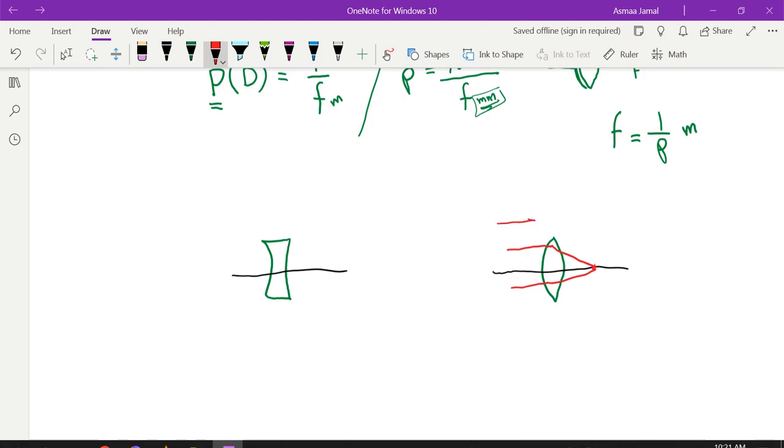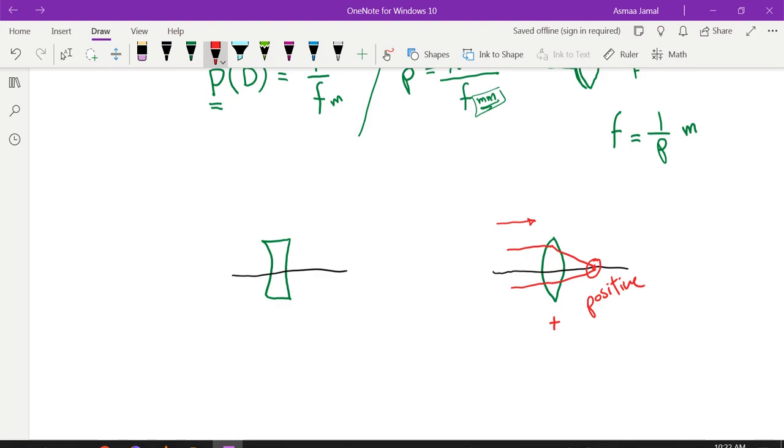Since the light comes from this direction and is collected on the other side here, that means they have a positive focal length, which makes the convex lens positive. Immediately it means they have a positive power value.